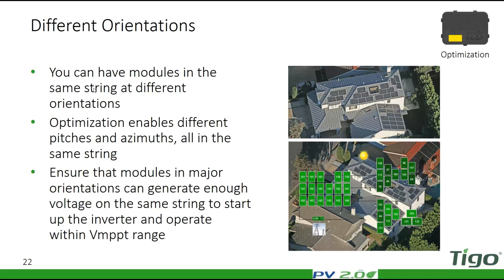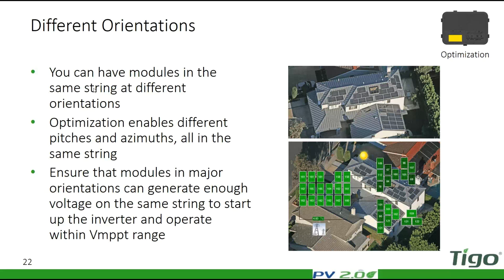Optimizers will know how to handle the mismatch created by the different irradiance levels due to the fact that modules are sitting on different roof planes that are facing different directions. The only guideline in that regard is that you need to make sure that, let's call it, major orientations have enough panels to generate enough voltage to turn on the inverter, right?